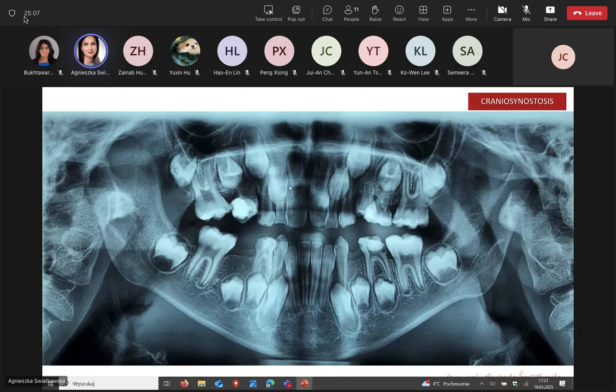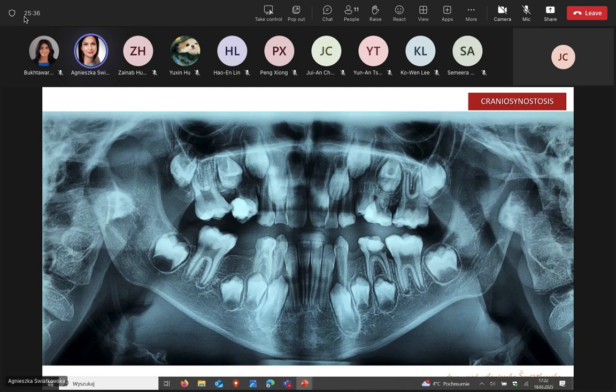You can see it on the orthopantomogram, a typical situation for ectopic eruption of the first permanent molar. This is the second deciduous molar. Look that here this surface was resorbed by this first molar, and very often we have this kind of situation that the first molar resorbs the surface and erupts. Sometimes it couldn't erupt.